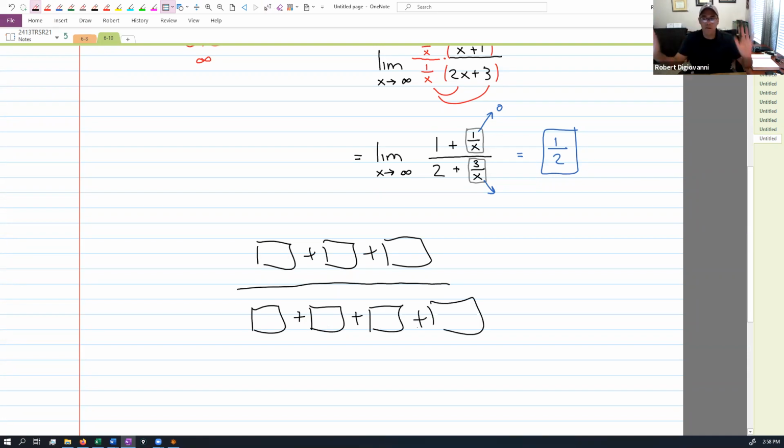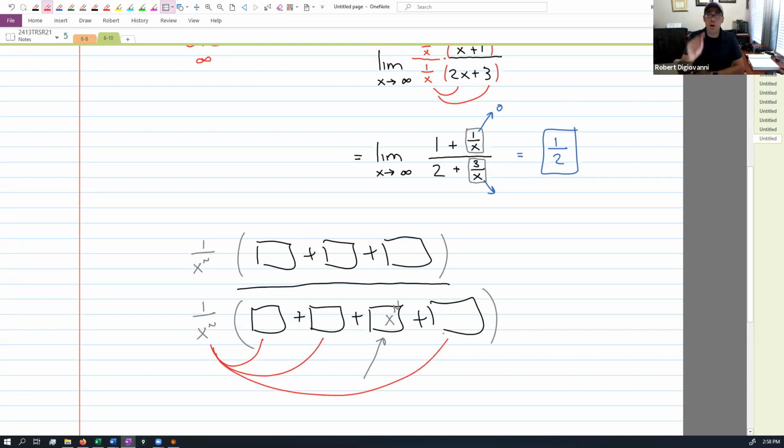If we find that this one right here had the highest power of x, and let's just say for the sake of demonstrating, this is x to the n, then if I come over here with 1 over x to the n and distribute that through, think about just the bottom first. When I distribute that here, here, and here, all those red ones, what can you tell me we're going to get?